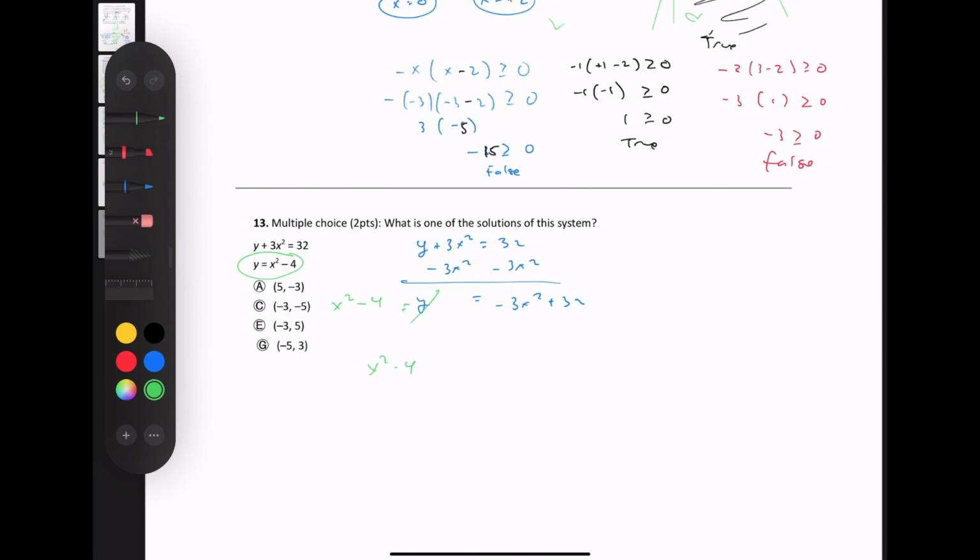So x squared minus 4 equals -3x squared plus 32. You can move them to either side, but I'd rather have a positive a value. And subtract 32. See what happens. I'm going to get 4x squared minus 36 equals 0.